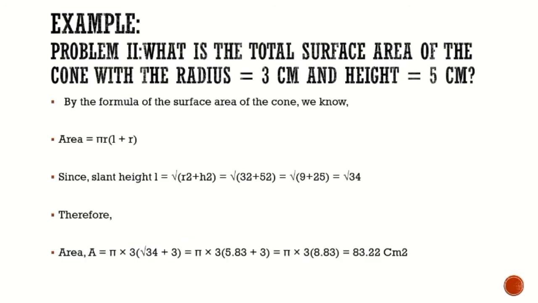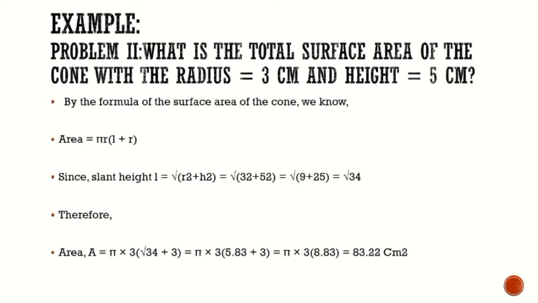Problem 2. What is the total surface area of the cone with the radius 3 cm and the height 5 cm? By the formula of the surface area of the cone, we know area is equal to pi r (l plus r). Since slant height is equal to the square root of r squared plus h squared, which is 3 squared plus 5 squared, equal to 9 plus 25, equal to 34.